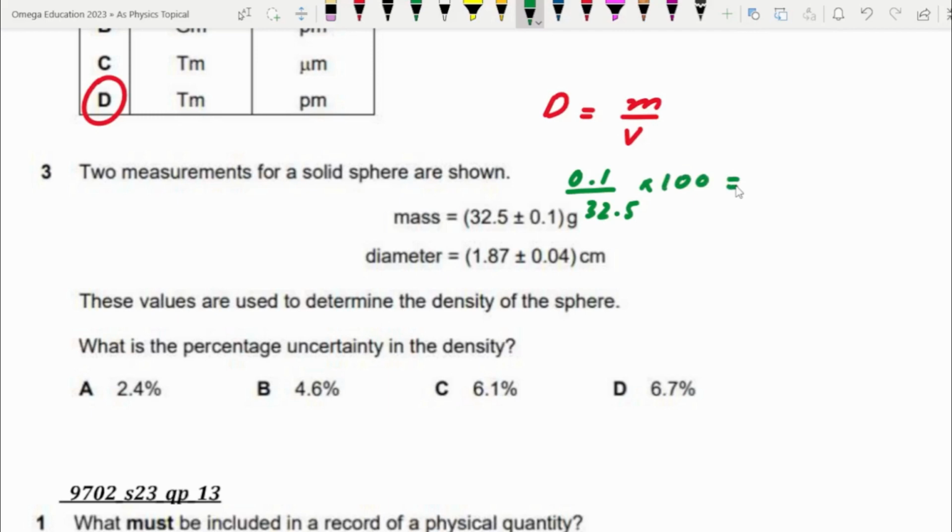Just hit it on the calculator. So 0.1 divided by 32.5 times 100, you get 0.31%. Now what is the uncertainty in diameter? You see, for volume, what is the formula for volume of a sphere? The formula for volume of a sphere is 4 over 3 pi r cubed.